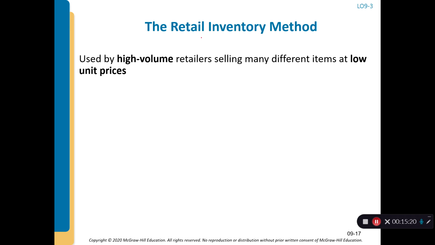Okay, so we mentioned that the LCM can be applied to LIFO and the retail inventory method. And what is the retail inventory method? The retail inventory method is still an estimation of inventory cost, okay? It's used by high volume retailers selling many different items at a low unit cost, such as Sears Holdings, Walmart, Target, JCPenney, and Macy's.